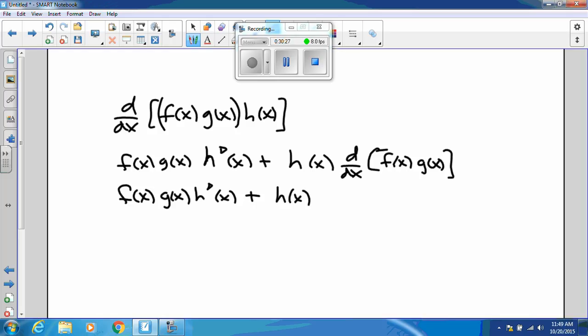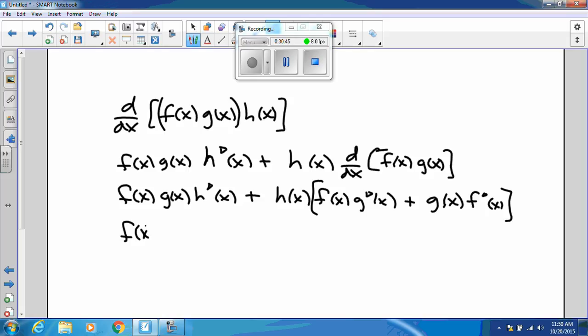And furthermore, when we are done, it turns out we really like the result. It's h times (fg prime plus g f prime). But don't forget your parentheses because we're multiplying h times all of that, right? And now here comes your distributing that you were hoping for.